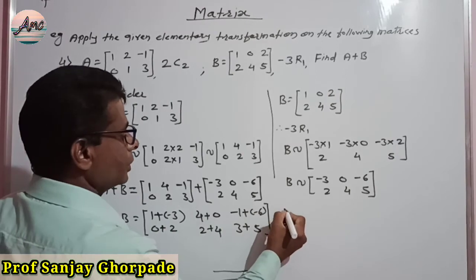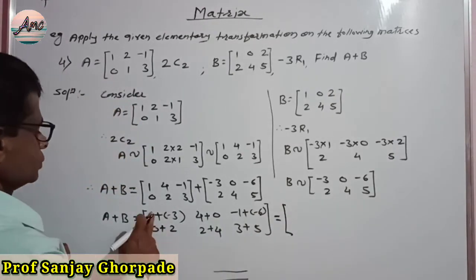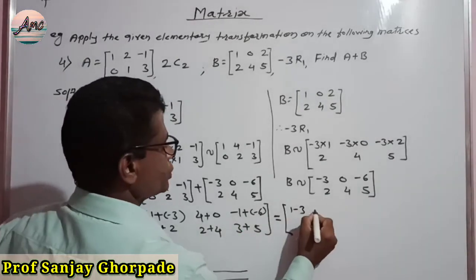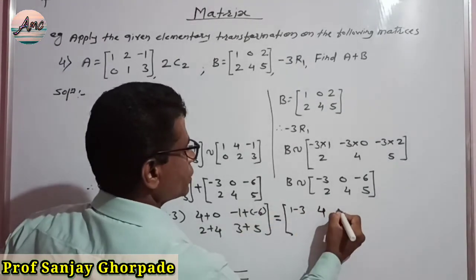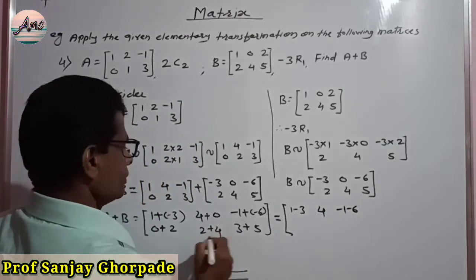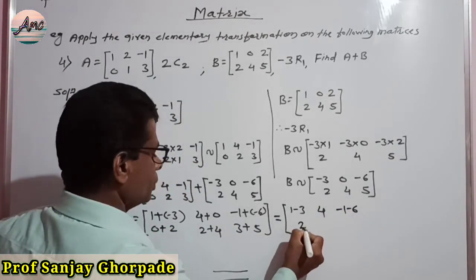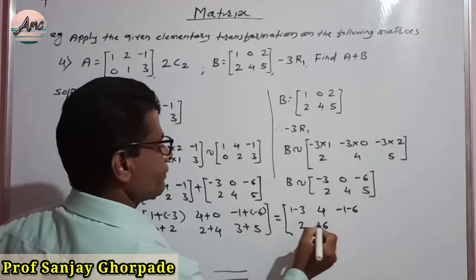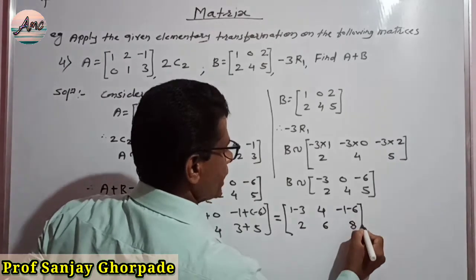So 1 plus minus 3 is 1 minus 3, 4 plus 0 is 4, minus 1 plus minus 6 is minus 1 minus 6, then 0 plus 2 is 2, 2 plus 4 is 6, 3 plus 5 is 8.